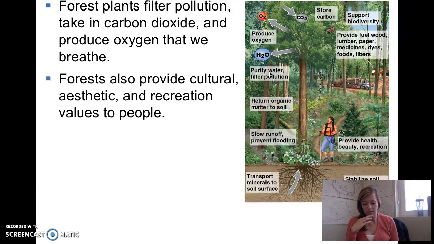They cycle carbon dioxide and water. Because of that, forests are viewed as a vital safeguard against global climate change. So the more forests we have, the more they're able to remove carbon dioxide, those greenhouse gases, from the atmosphere and slow climate change. They also provide cultural, aesthetic, and recreation values to people.